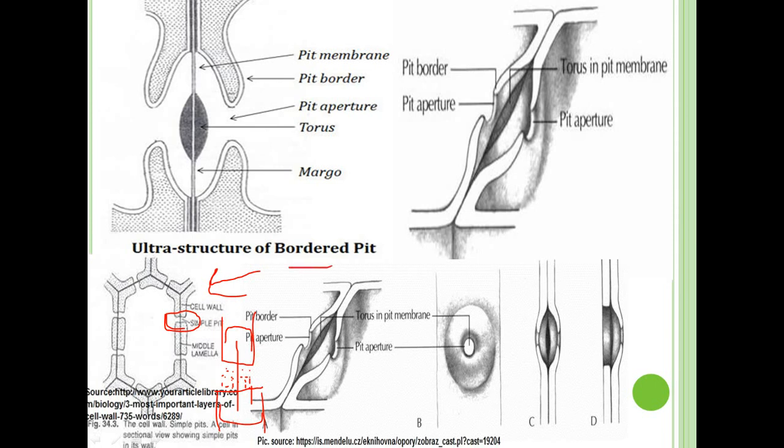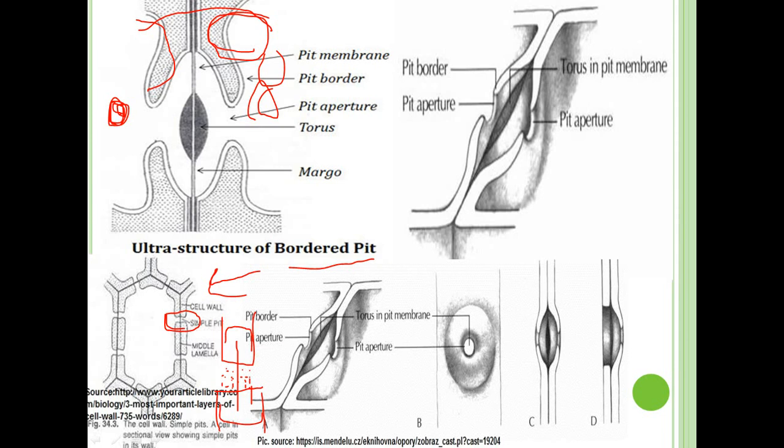Now to the bordered pits. We have this one which looks like as if you're looking down at the pit. This is the components of the cell wall. This side over here is a plant cell, and this side is a plant cell, and these are their components.